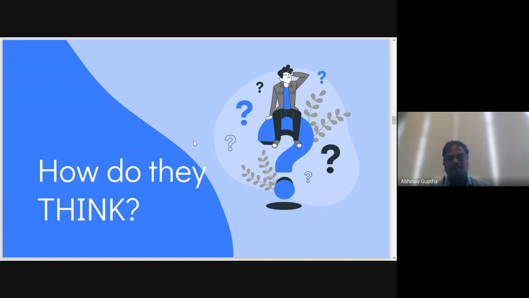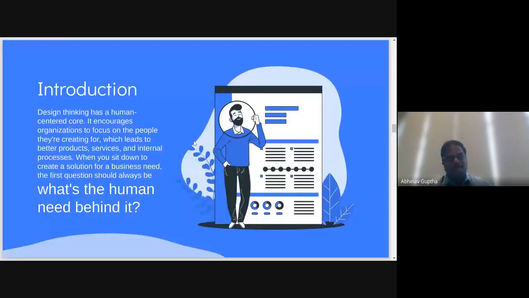How do designers think, and what's going on in their mind when they are trying to create something which is not there at all, or trying to solve something which is not there at all? So the first thing is, I think Sai Pawan, when he started saying that it is all about humans, right, and having empathy, and somebody said human-centered design.